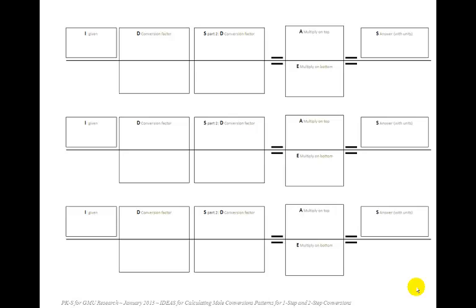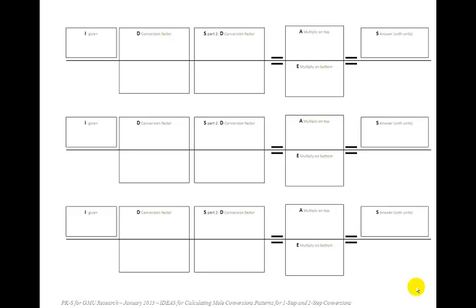Notice again that you've got the IDEAS strategy, but it's prompting you at different places. You still have the I and D, and then you've got another box there that has S and D. You'll learn how to do that, the part 2 of solve, the S part of IDEAS, as we get into using the strategy.